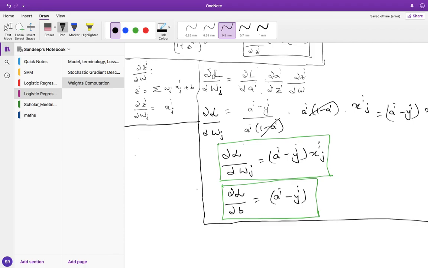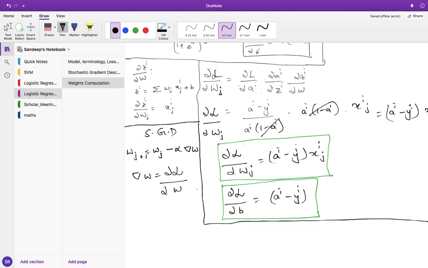Okay, so SGD, as we already know, the equation to compute weights is as follows. So Wj plus 1 is equal to Wj minus alpha into delta W. Delta W is nothing but dou L divided by dou W.